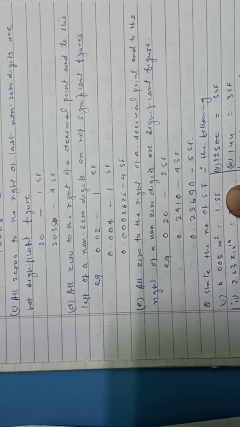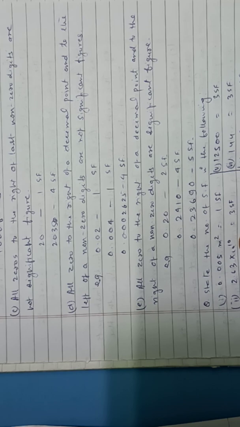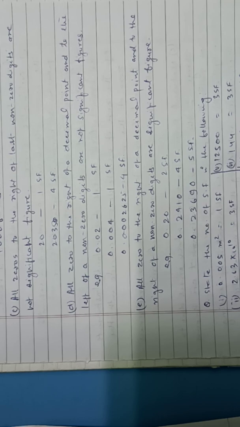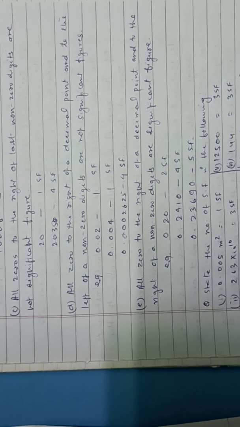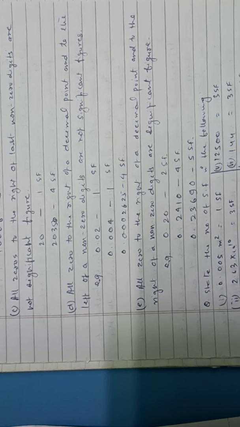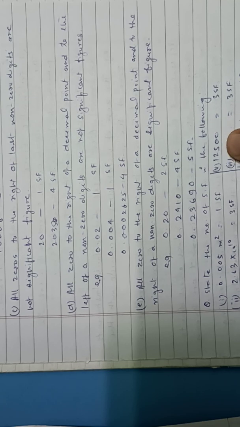It contains only one significant figure, from rule number 4. 2.63 into 10 power 10, 3 significant figures. 0.2560 meter contains 4 significant figures, from rule number 5. 5.003 joule contains 4 significant figures because 0 occurs between two non-zero digits.